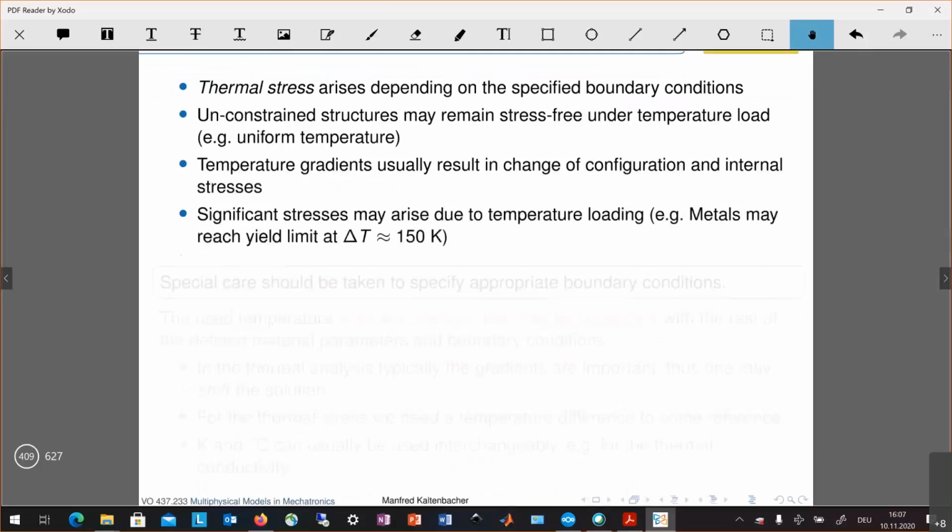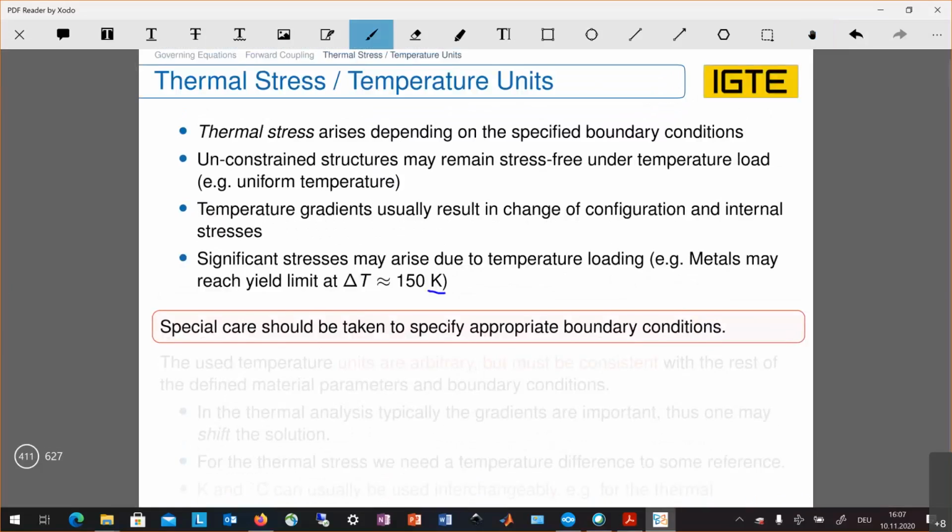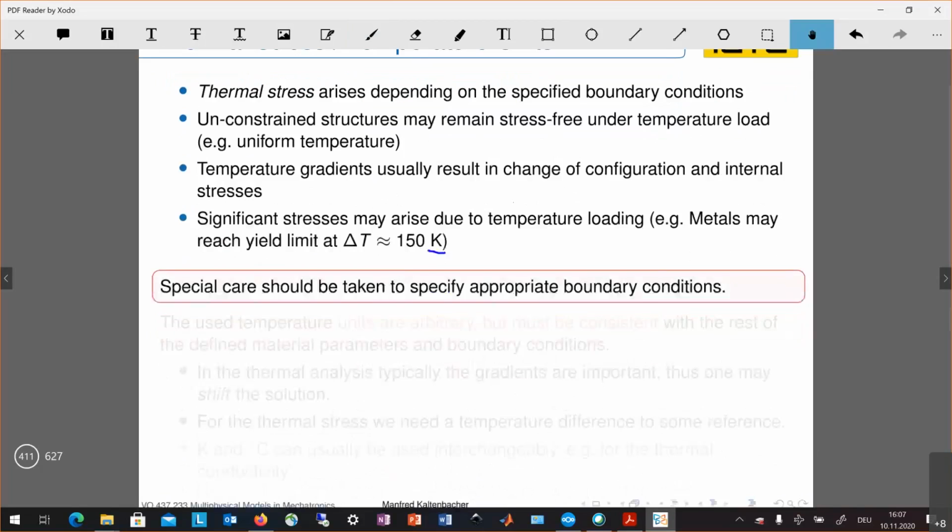Care has to be taken for all the computations to specify appropriate boundary conditions, and appropriate boundary conditions means also you have to stay in one unit system. You can use, as written here, Kelvin, or you can use degrees Celsius, but you are clearly not allowed to switch between these two and have a mixing.